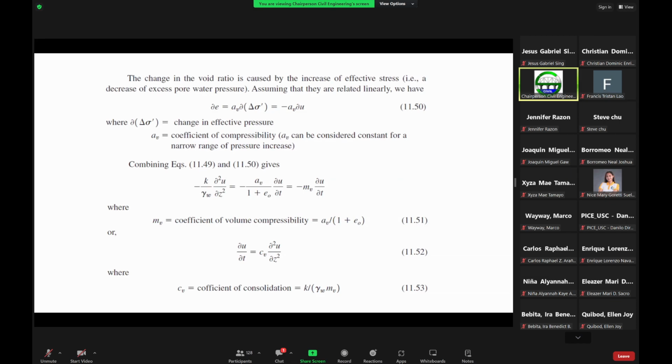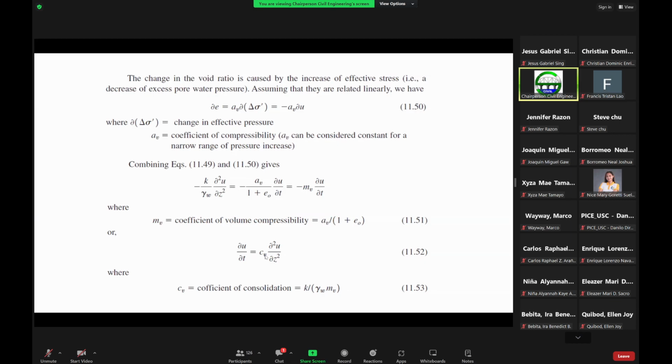Now, K over M sub V times the unit weight of water can just be written as C sub V, which is the coefficient of consolidation.